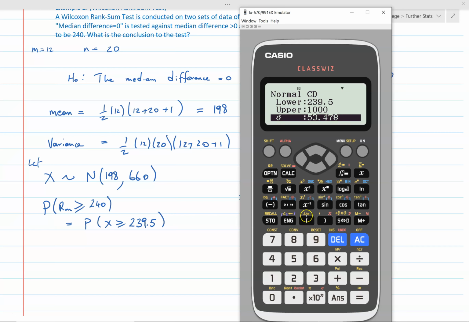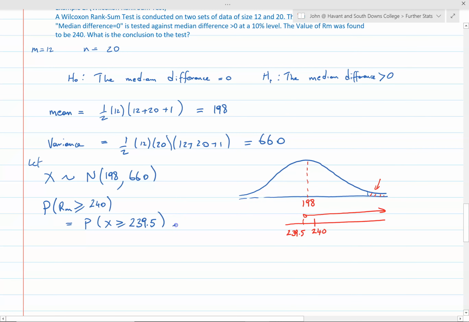The standard deviation is the square root of 660. The mean is 198. And I've got the value 0.0531. We should always give three significant figures, really.